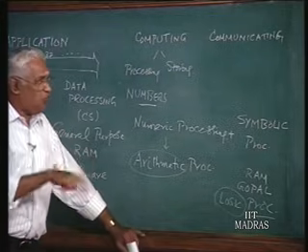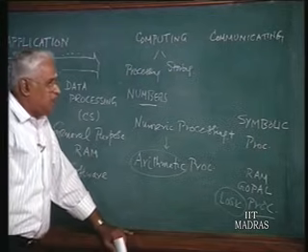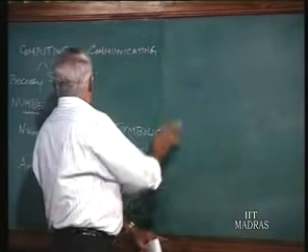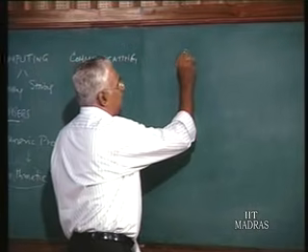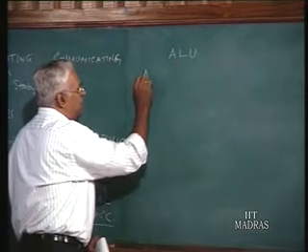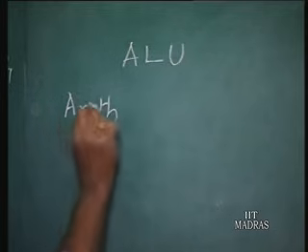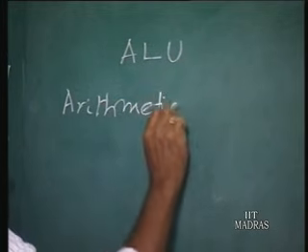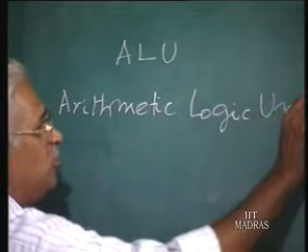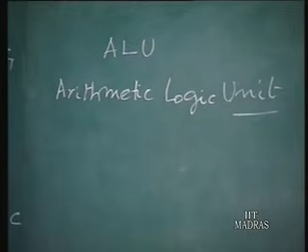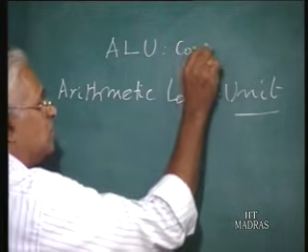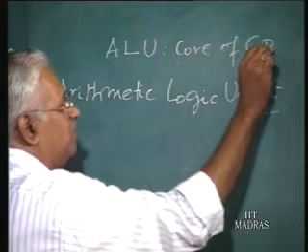Now, these two have come together and the core of any specific CPU or processing is the ALU. What does that A and L stand for? A for arithmetic and L for logic, and U is just for the unit. Now, ALU is the core of the CPU, that is the essential thing of any processing unit.